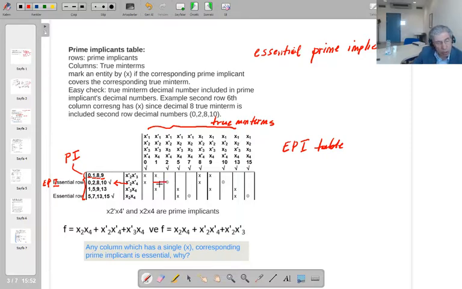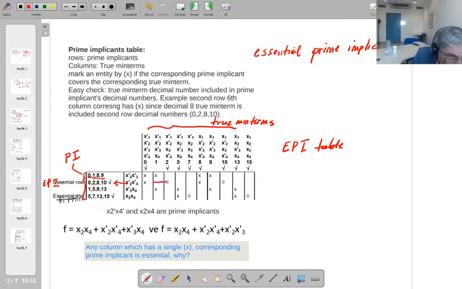So if you remember, the essential prime implicant was this: a prime implicant which covers a true minterm which is not covered by any other prime implicants. So if there is only one circled mark, that means there is no other mark around. So that means this true minterm is not covered by any other prime implicants. Therefore, the corresponding row is the essential prime implicant. If you look at this column 7, there is only one mark here.